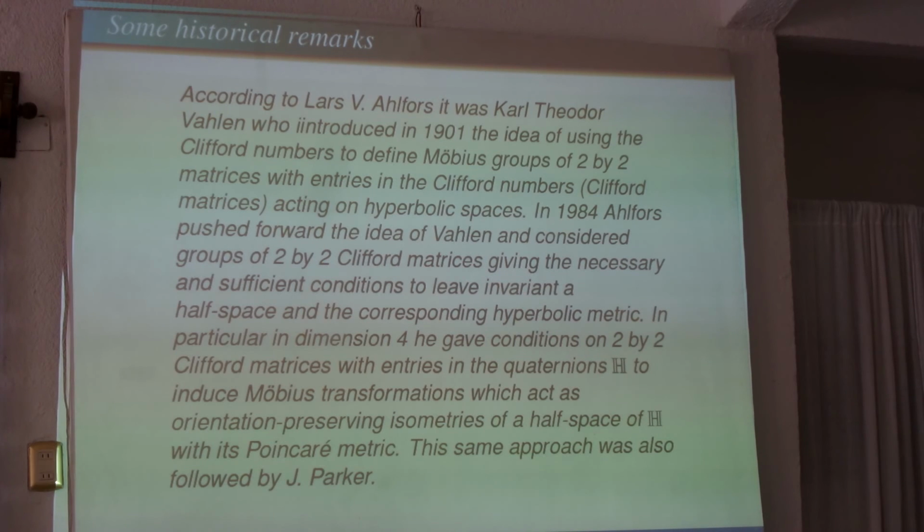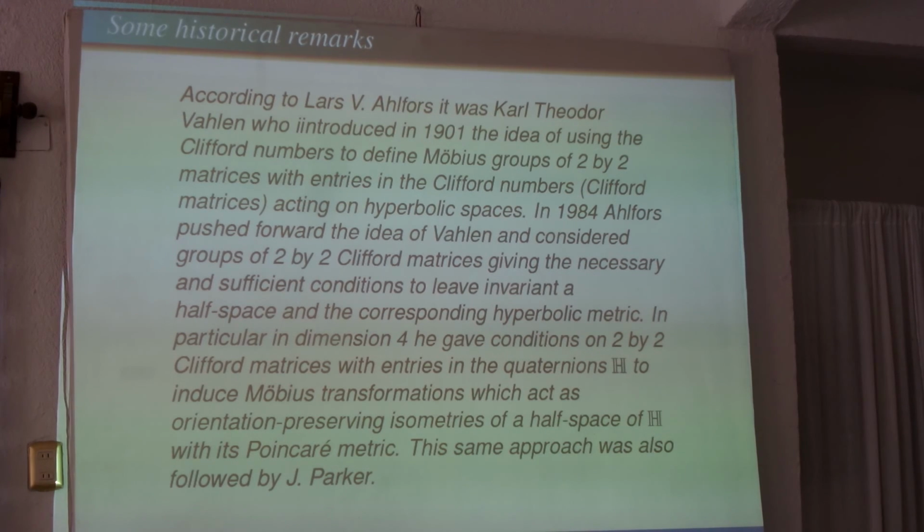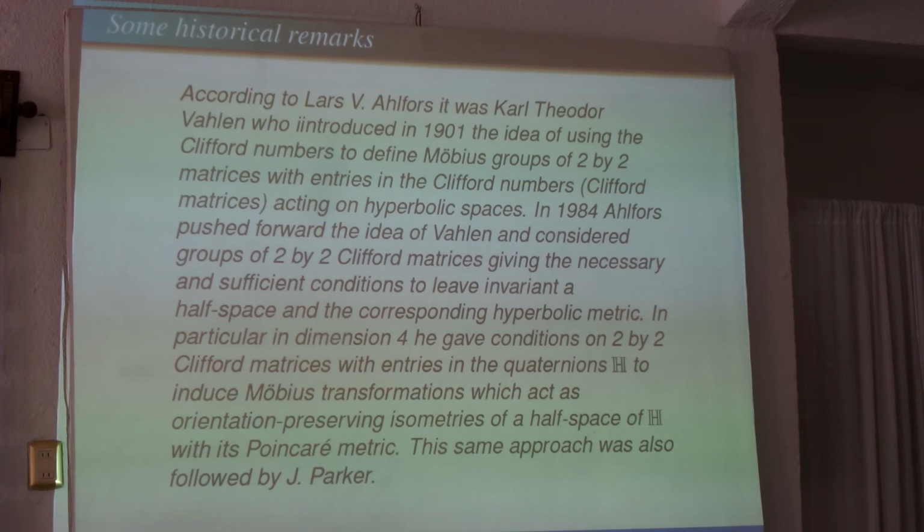Vahlen was not a very good man, he was one of the founders of Deutsche Mathematik. There's an aspect of his life that is not very pleasant, but he did a very good theorem. Then Ahlfors, years later, took the idea of Vahlen and started studying conformal mappings in higher dimensions.